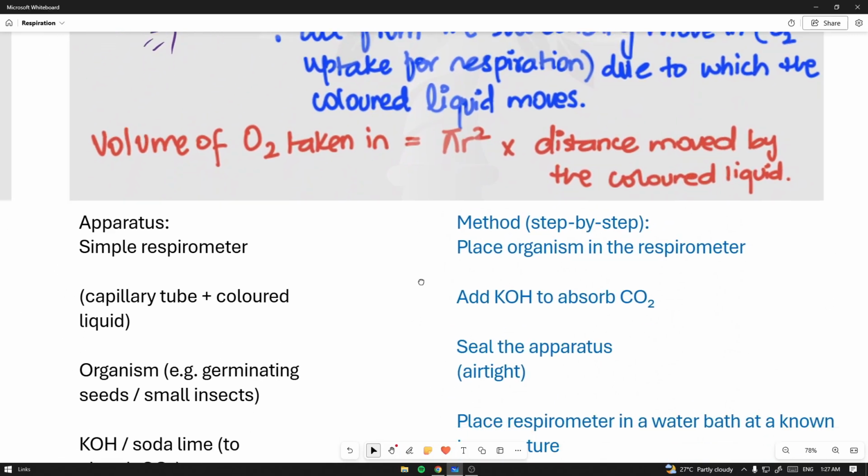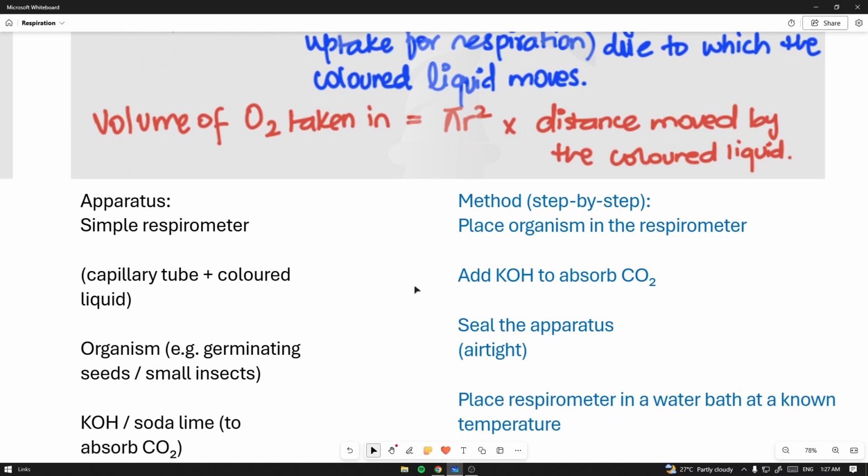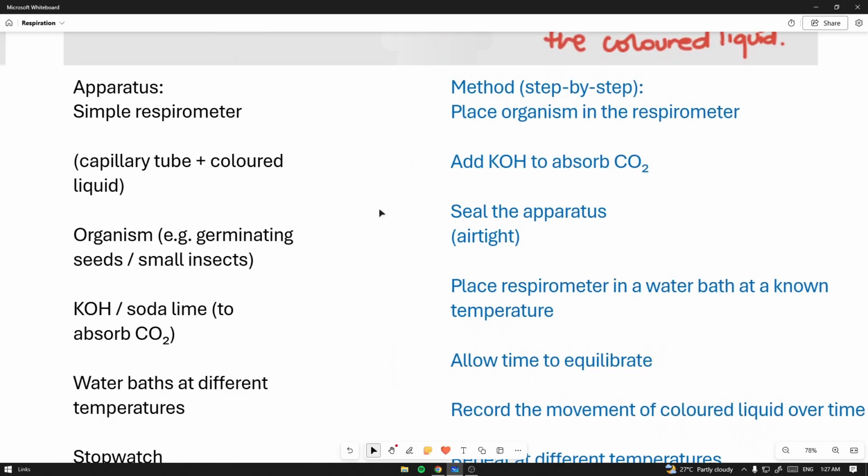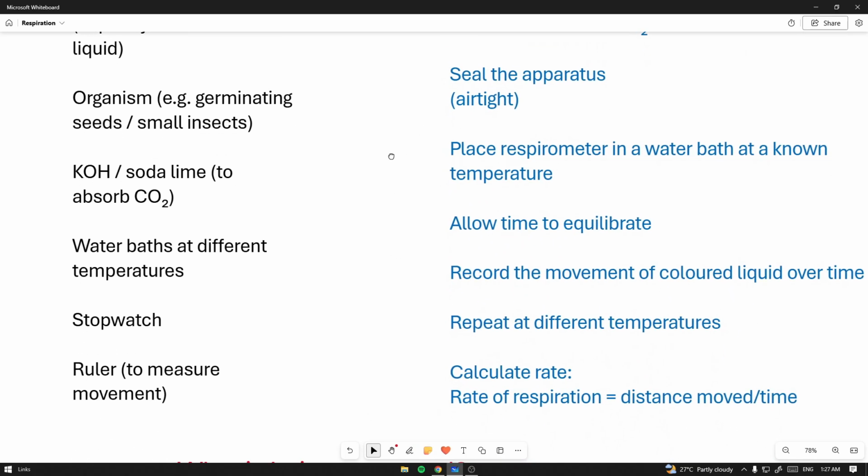Okay, now we're gonna discuss how it's done. So usually in exams, these come as 8-marker questions, right? So I'm gonna discuss how it's carried out. The apparatus needed is a simple respirometer, capillary tube, colored liquid, organism, your absorbent, and we need water baths at different temperatures, right?